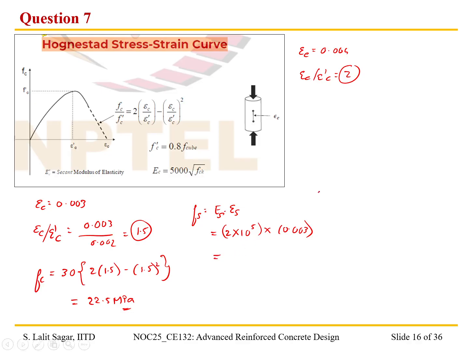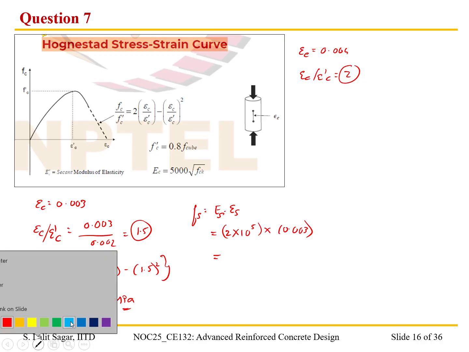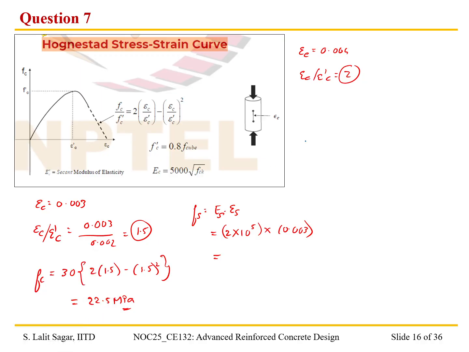But we know that we have assumed a bilinear elastoplastic relation for the steel, right? I'm just going to make it clear using this curve over here. This is known as the material model or the constitutive law, that is how the stress and strain are related to each other.